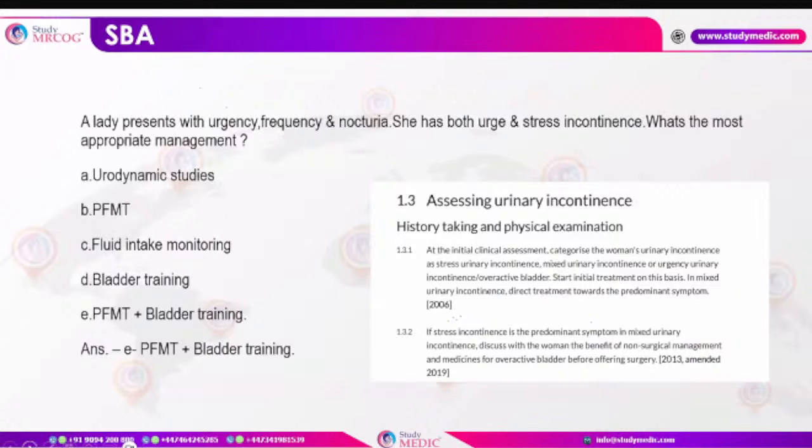And whenever you have stress incontinence as the predominant symptom in mixed urinary incontinence, you will discuss with the woman the benefit of non-surgical management and medicines for overactive bladder before you are offering surgery. Okay, so if you have a woman with both symptoms and you have the option of PFMT and bladder training in which no symptom is predominant, you will offer treatment for both. That means PFMT for stress urinary incontinence and bladder training for overactive bladder. Okay, so these are the typical type of questions that would be appearing in your paper.